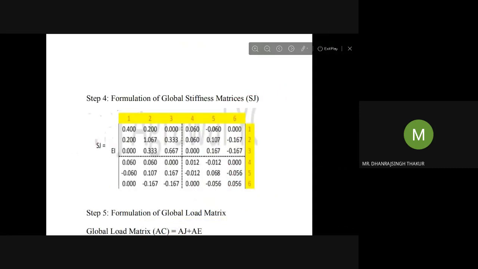So in the next slide, you can see the complete joint stiffness matrix, where I have written here EI should be common. Okay, don't forget to write down this value. Because EI value is not given, you have to keep it constant every time. So I have assembled this matrix. If you compare the diagonal elements, these all are positive values.